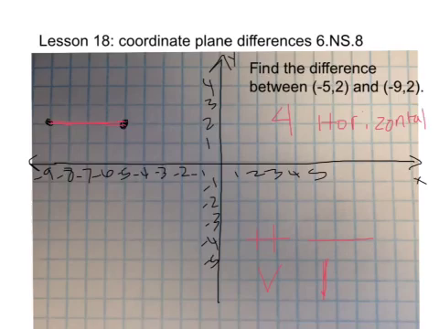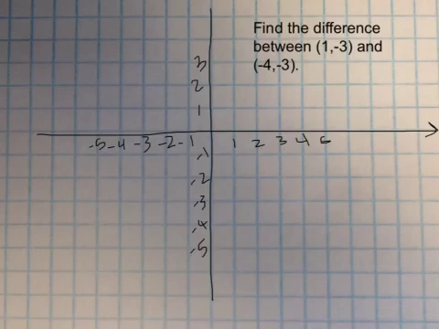Let's go look at a we do. Go ahead and copy down this coordinate plane onto your graph paper and then push play when you're ready to begin, and we'll do this one together. So the first thing, if we're going to find the difference between the ordered pair 1, -3 and the ordered pair -4, -3, is plot both spots on the coordinate plane.